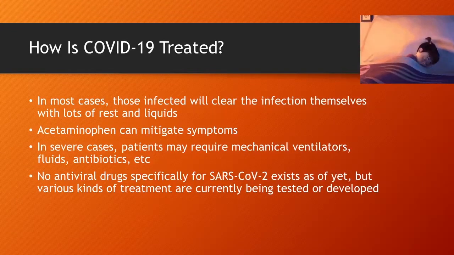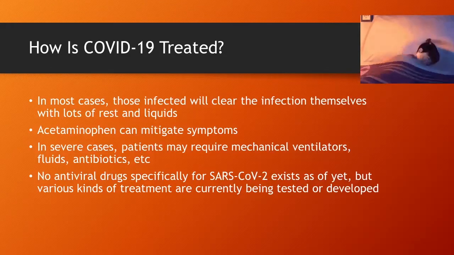There are no antiviral drugs specifically for SARS-CoV-2 as of yet, but there are various kinds of treatment that are currently being tested or developed. There are a number of proteins that are considered candidates if drugs are to be developed. There are quite a few targets for it.